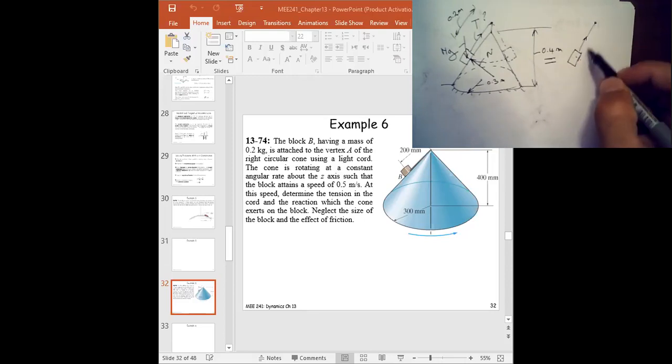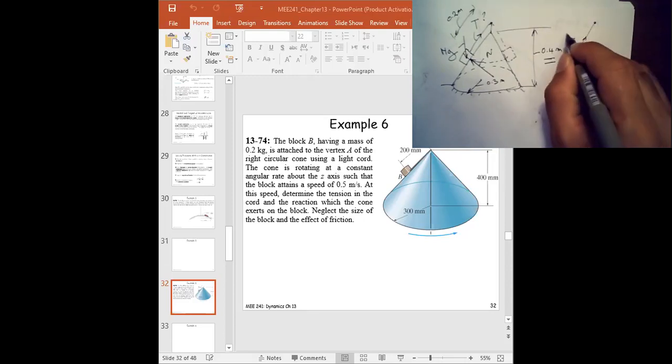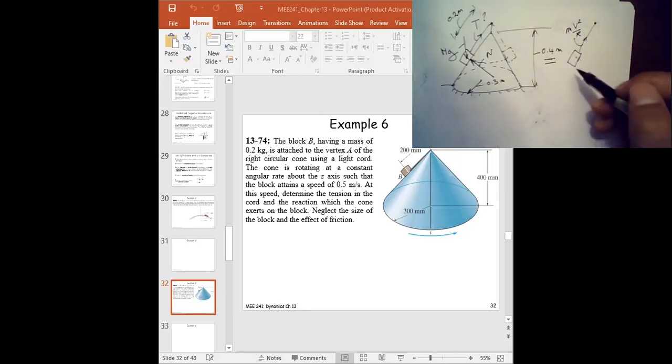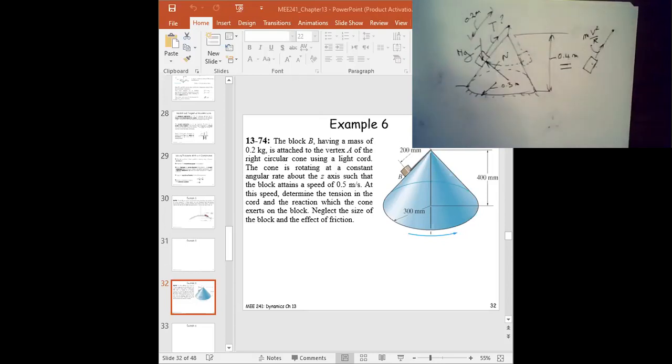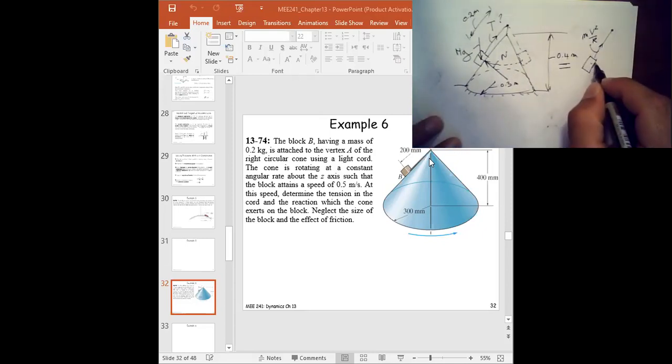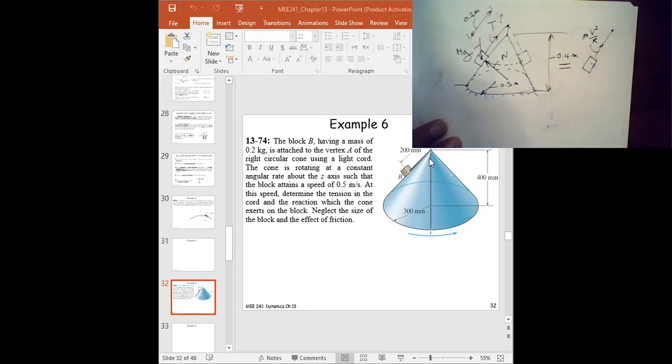Here, right? Is this correct, guys, or no? I don't think so. It should be towards the circle that it's drawing. It has to be like the way the block is moving. Yep, exactly.